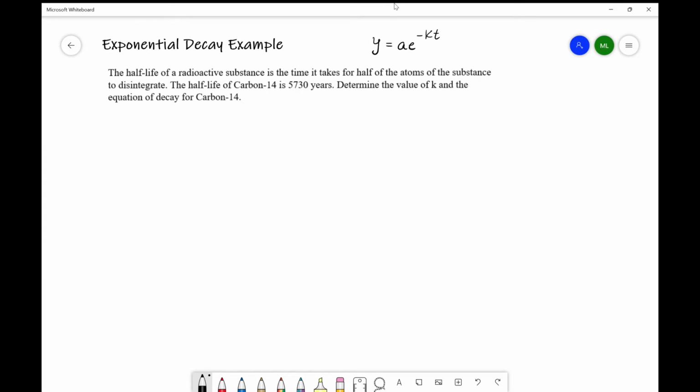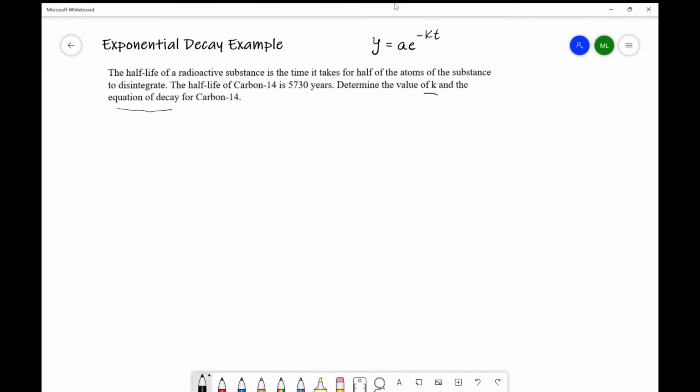Don't necessarily say it's the rate of decay, since you're trying to find that in this example, because it says determine the value of k in the equation of decay for carbon-14.